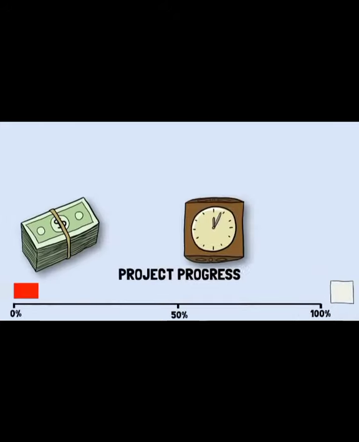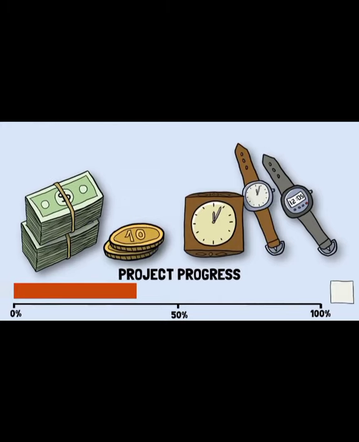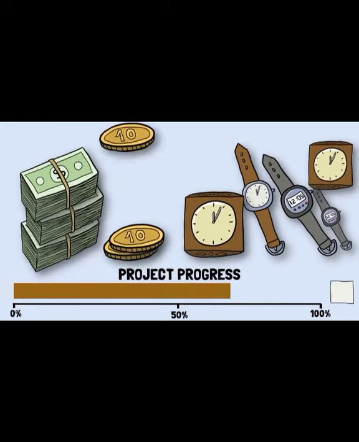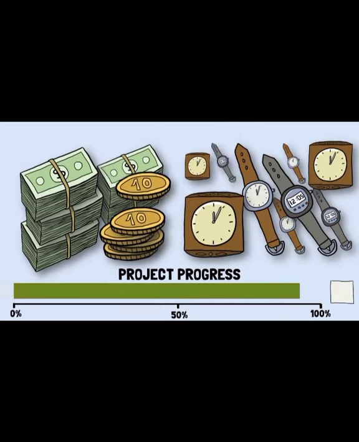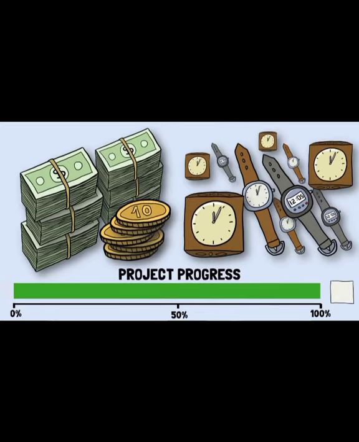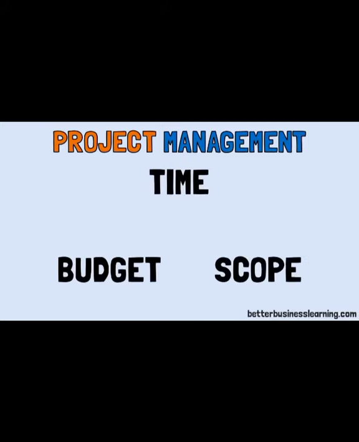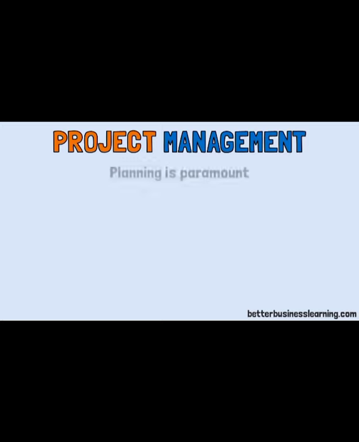Remember, anyone can complete a project by throwing more time and money at it. The real challenge is to achieve a quality outcome using the least time and money. To summarize, to make sure your project is completed on time, on budget, meeting its scope, and in a quality manner, remember that planning is paramount. Fiercely guard against scope creep by getting solid agreement on the required deliverables.